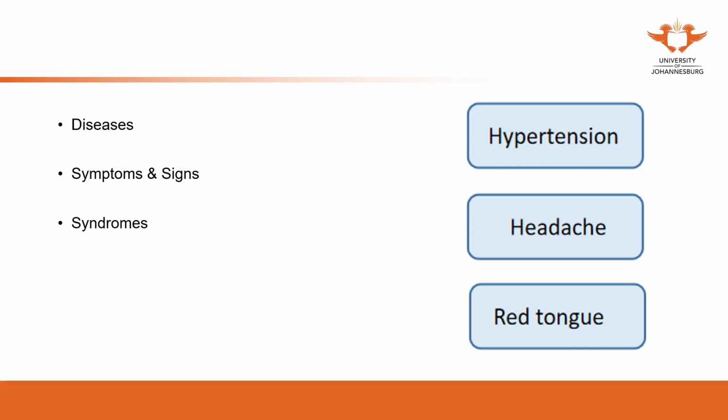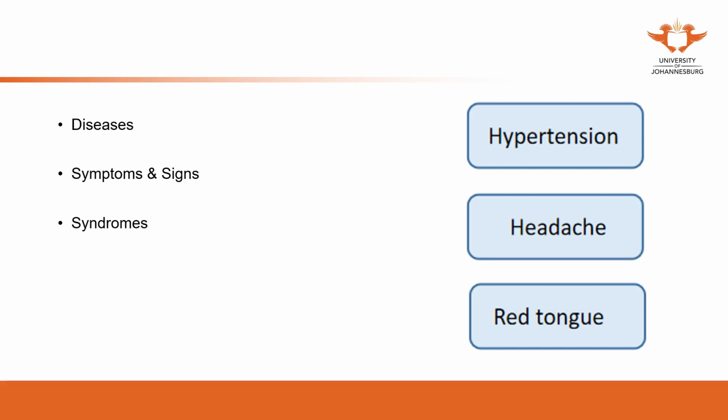So if you know the definition of these three, you will know from the right side, hypertension is a disease. Headache refers to symptoms because headache is not something the doctor can see. As a practitioner, we can't see the patient has a headache, or how bad the headache is.